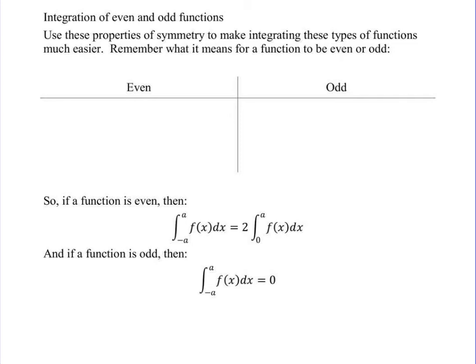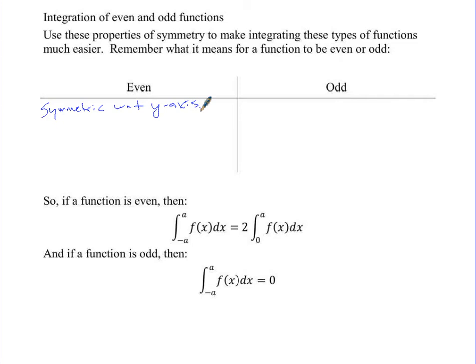Remember what it means for a function to be even and odd. What does it mean for a function to be even? Symmetric with respect to the y-axis, which means what you see on one side of the y-axis is exactly mirrored on the other side.